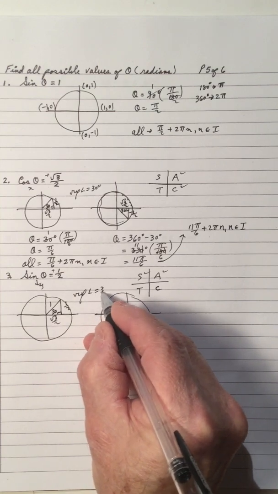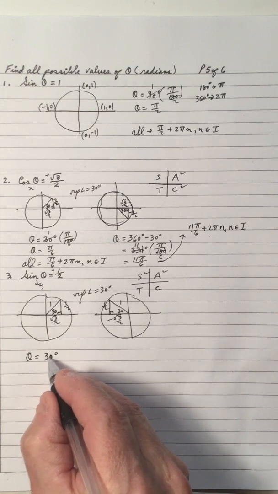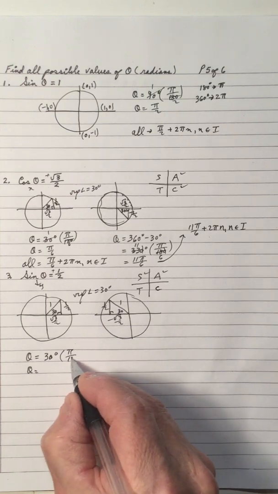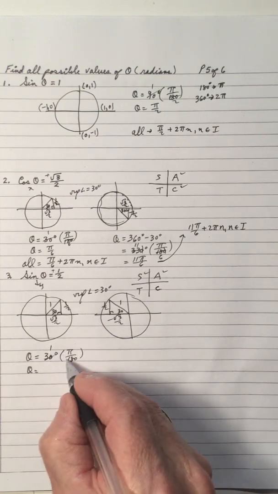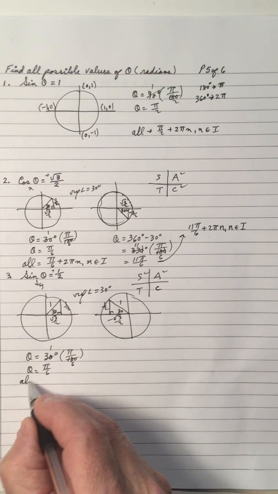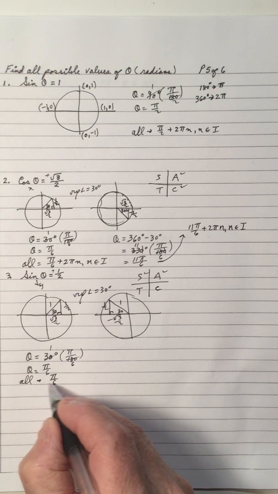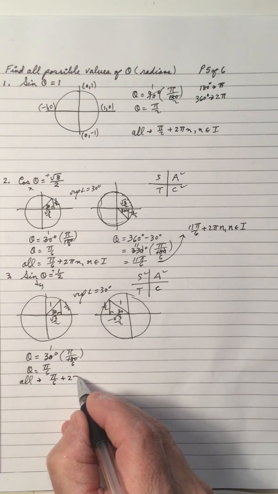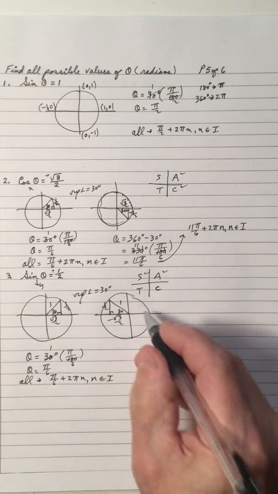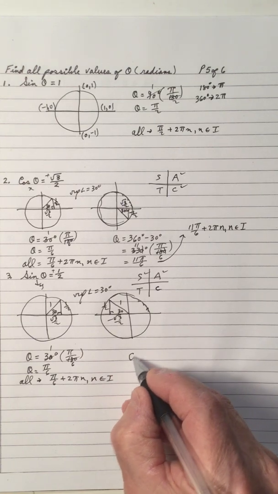Reference angle equals 30. First quadrant, theta is the reference angle. And we want it in terms of radians, multiplied by pi over 180. 30 into 30 once, 30 into 180 goes 6. So that's pi over 6. So we want all of them for that angle. So we have pi over 6, add on 2 pi n, where n belongs to the integers. And we do this one right here, second quadrant.